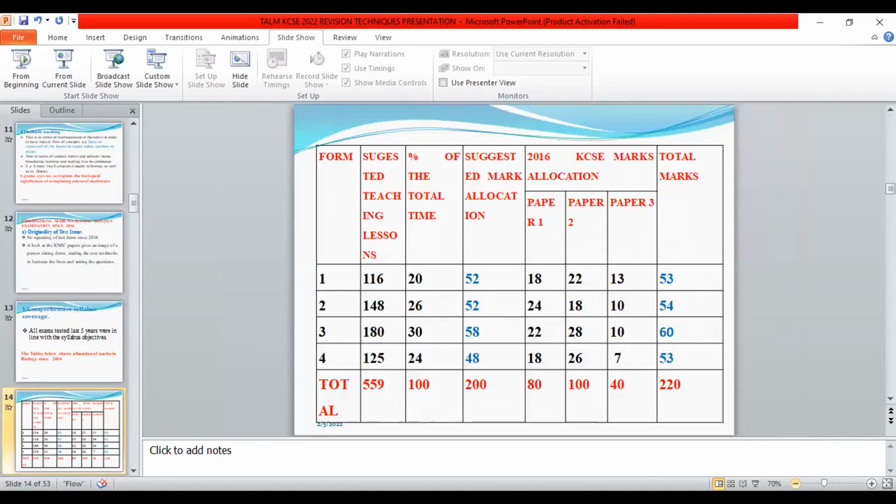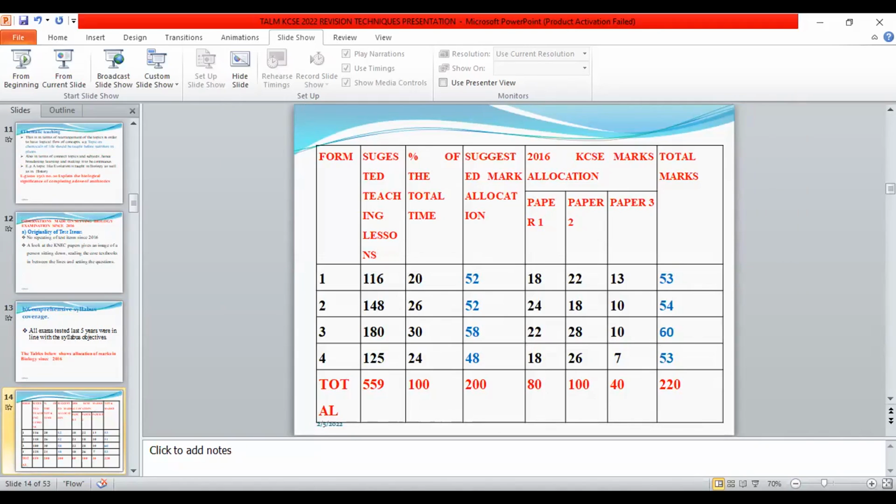We have suggested teaching lessons, percentage of the total time that is allocated in that particular year. And then we have, in 2016, the number of marks that were set in paper 1, paper 2, paper 3, then we have the total marks.